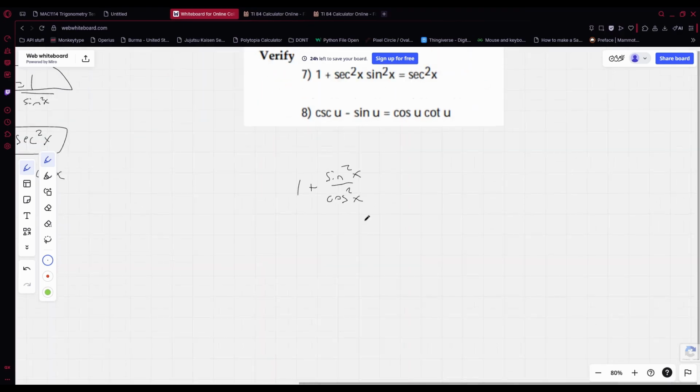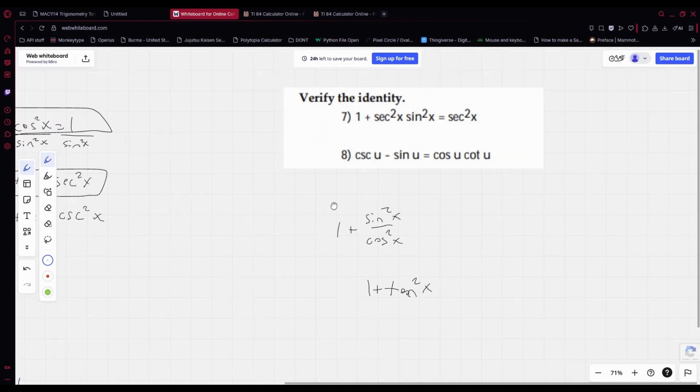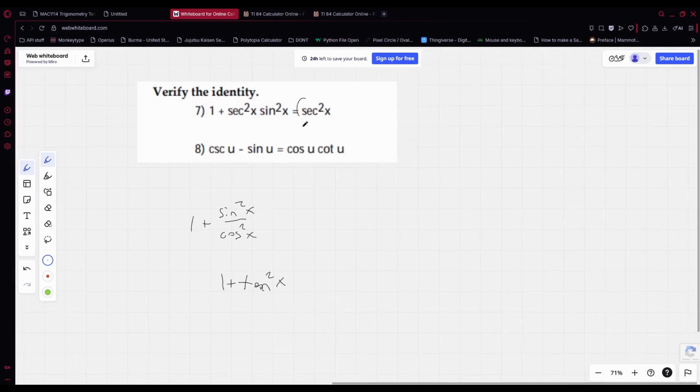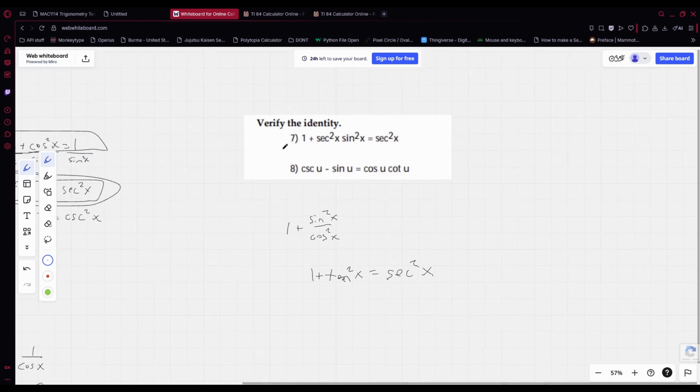And if you look at that, that's just tangent squared x. So 1 plus tangent squared x. And then if you look at this, it looks real familiar. And as you can see, it equals secant squared x. So this is verified by the Pythagorean identity.